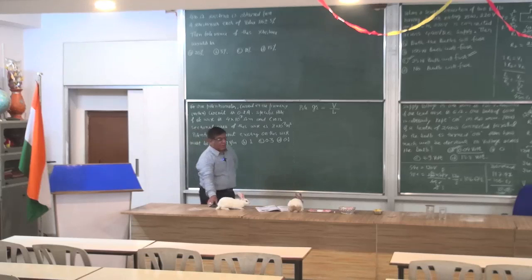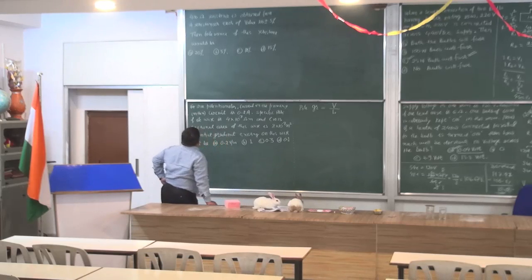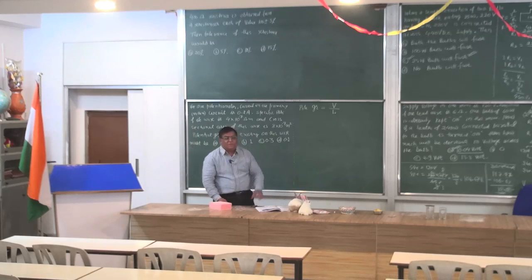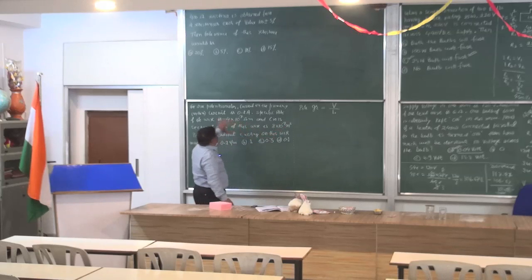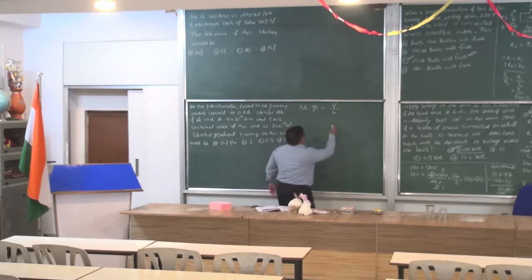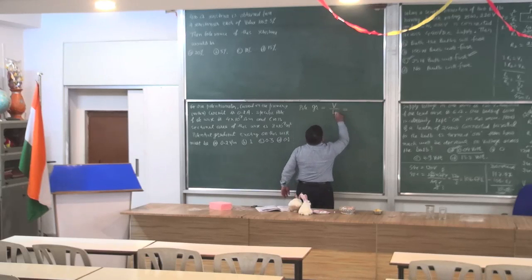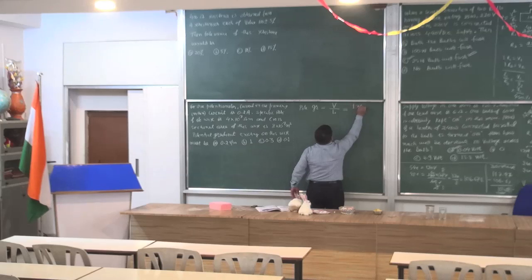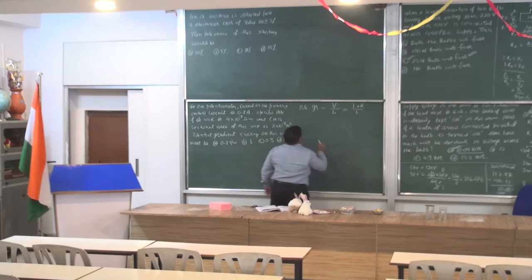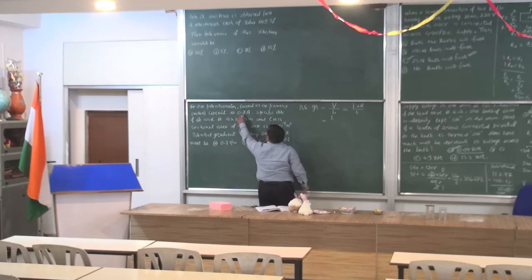So potential, is it given to us? We will try to convert this quantity into the given quantities. Okay, let's do it. Voltage is current into resistance. Current I, is it given? Yes.